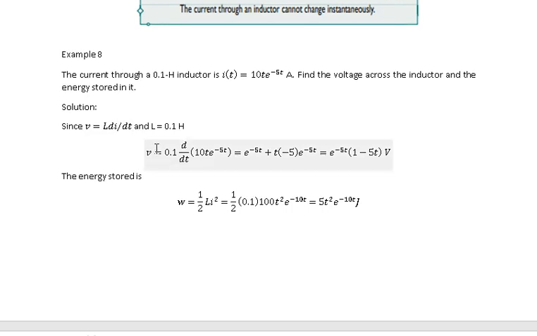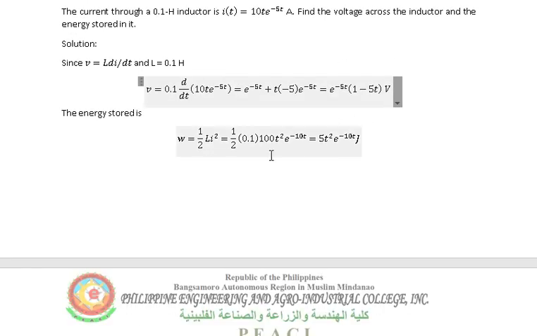So we have V equals the inductance, which is 0.1, multiplied by the derivative of this expression of i of t. Okay, then after that we can now find this equation. Then in order to find the value of energy stored, we can use this equation, 1 half L i squared. Okay, so i natin is ito, then L natin is yung 0.1.